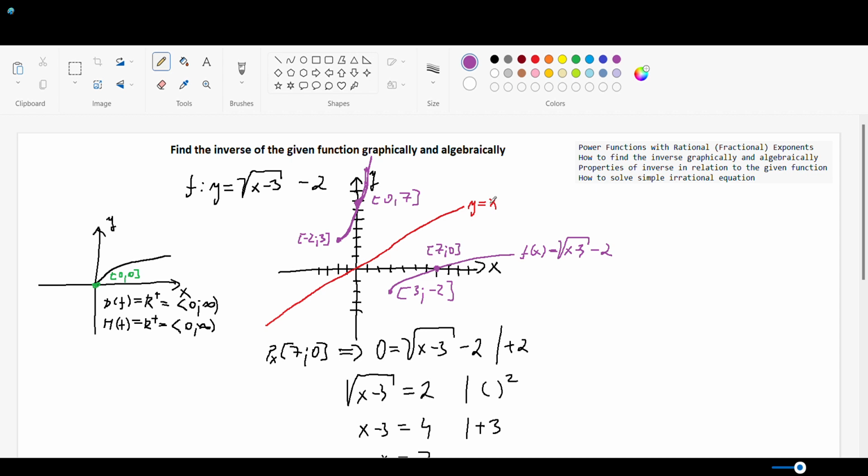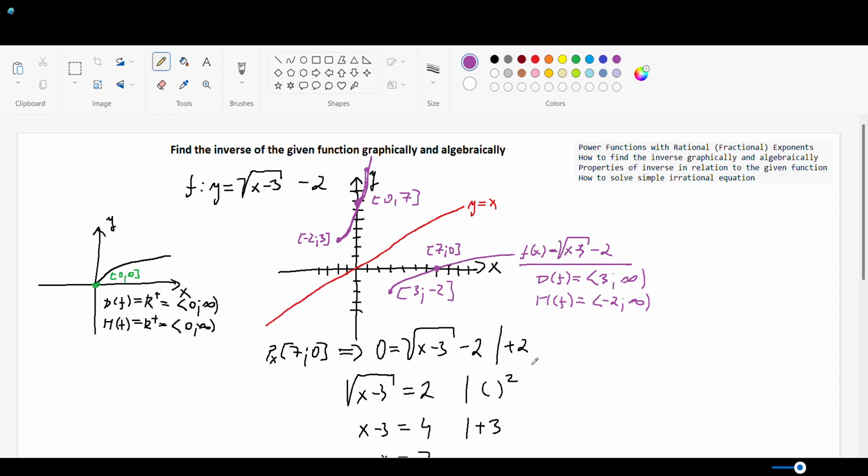Let's mention another quite important thing. As we can see, the domain of our given function is 3 to infinity, and the range of this function is -2 to infinity.